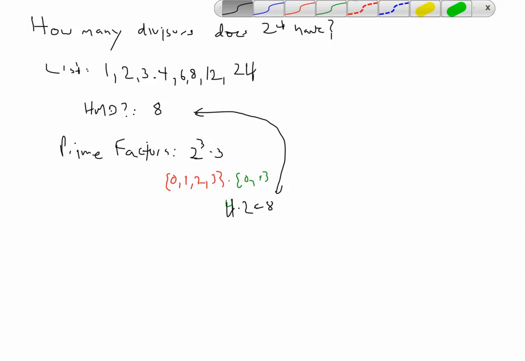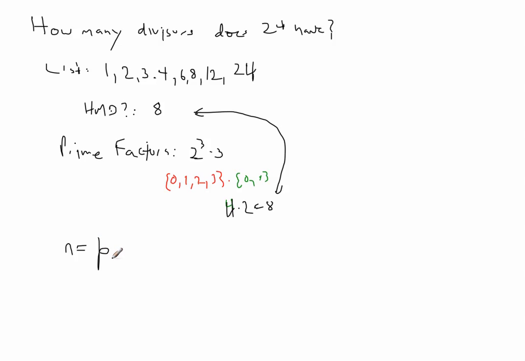In general, if we have a prime number, okay, so if we have our number, we factor our number into prime factors. So we have a number n, and n turns out to equal, let's say here, prime 1, and prime 1 has some exponent, say, q1, and then we have prime 2.